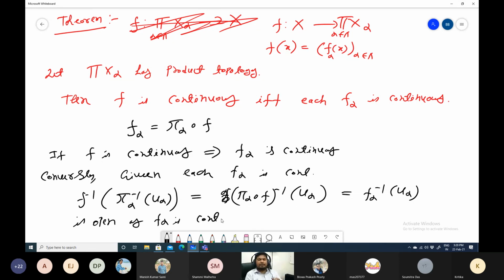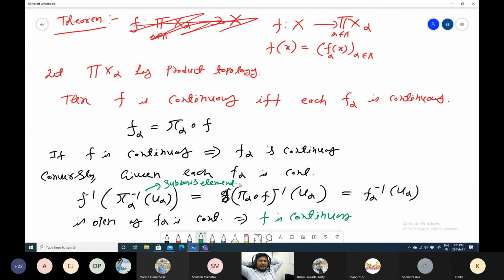That means the inverse image of any subbasis element is also open. So therefore f is continuous. And this is a subbasis element.